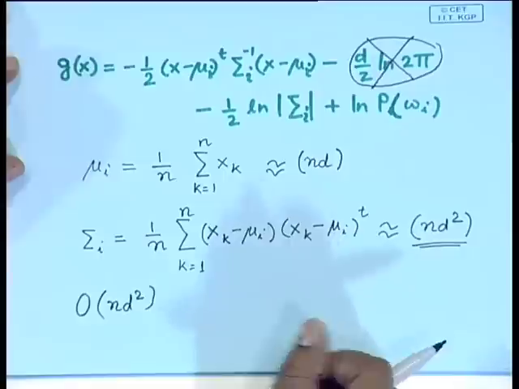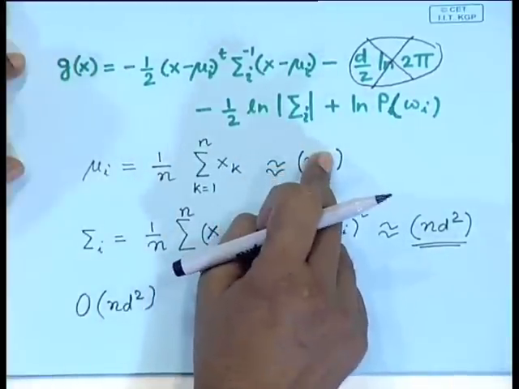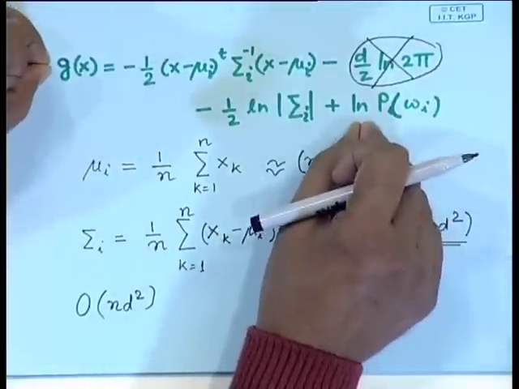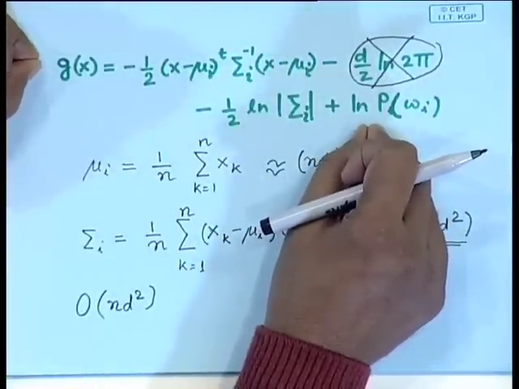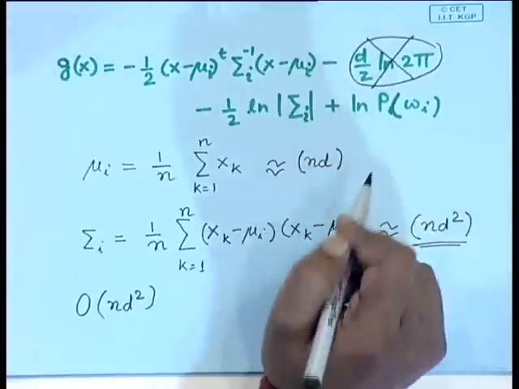Not only that, I have C number of classes. For every class, I have to compute this discriminating function, and then I have to find out which one is maximum. So, before I get the maximum, I have to compute the discriminating function for each and every class.